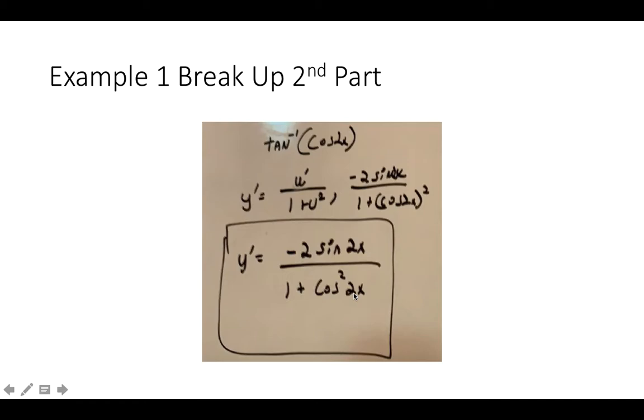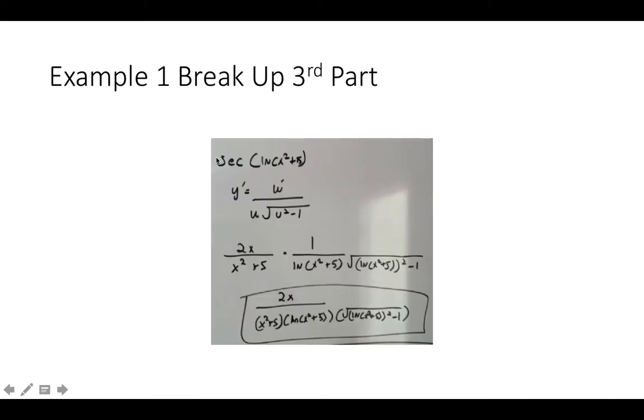And finally, the third part, which is the derivative of inverse secant. The derivative of inverse secant can be found using the formula u prime divided by u times the square root of u squared minus 1. Our u is ln of x squared plus 5.